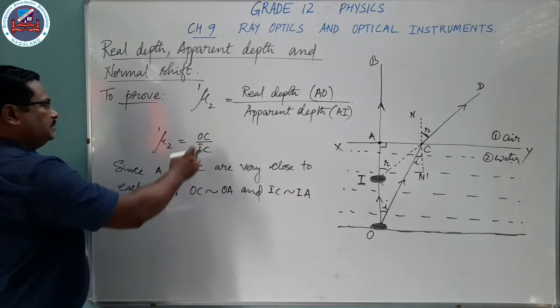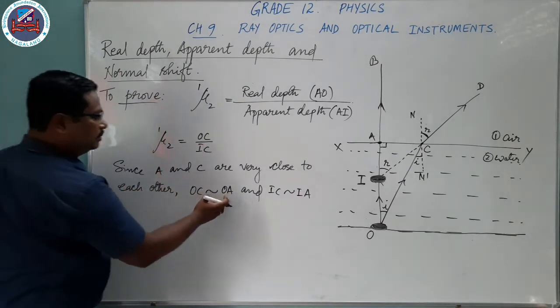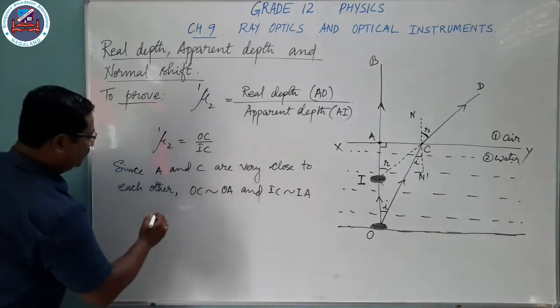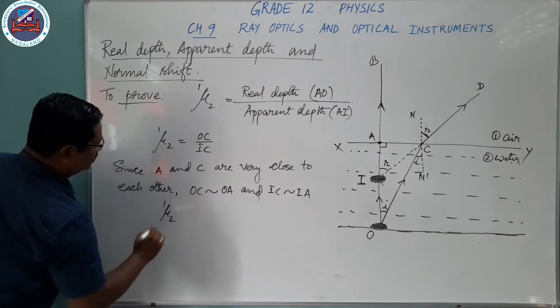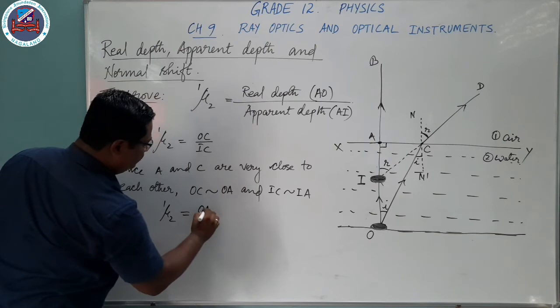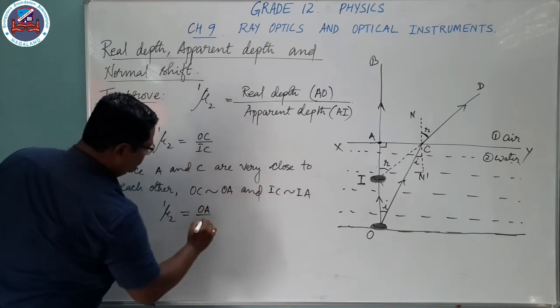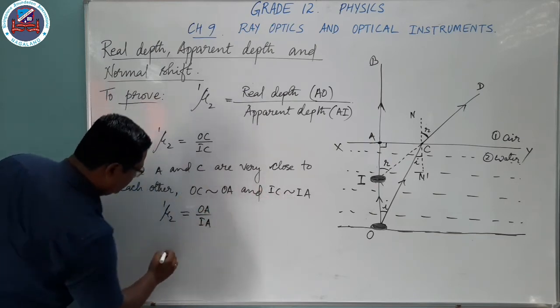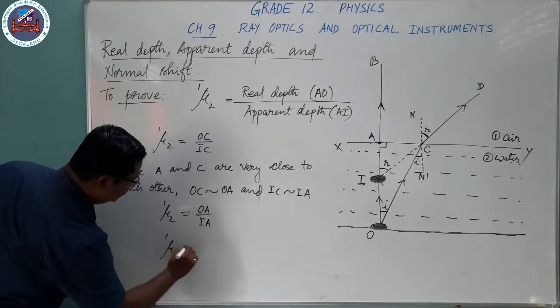So we'll replace this OC and IC with OA and AI. So the refractive index of the second medium with respect to the first is equal to OA by IA, where OC is equivalent to OA and IC is equivalent to IA. And this is your final proof.